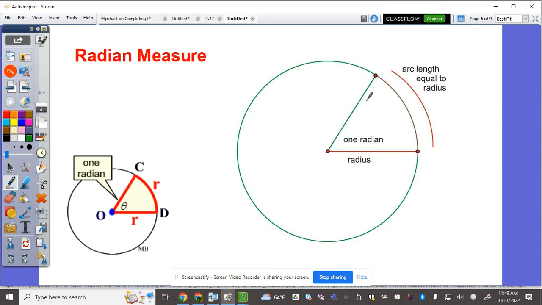If this one here is 1 radian, imagine this is your intercepted arc. Another radian will be somewhere right here. That's radian 1, radian 2. Another radian will be somewhere like here. Oh, it's not really perfect. Hold on, let me do it again.